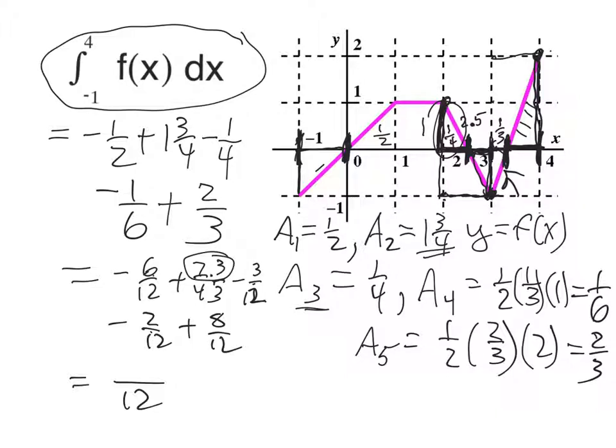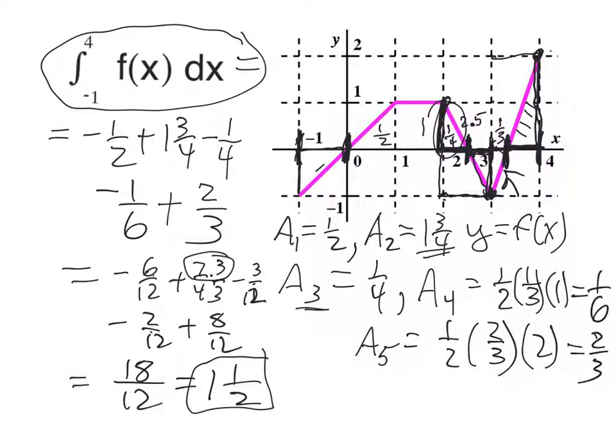So 10, and then plus 8, 18 over 12, or 1 and 6/12, 1 and 1/2. That would be the value of this definite integral based on the function using this graph.